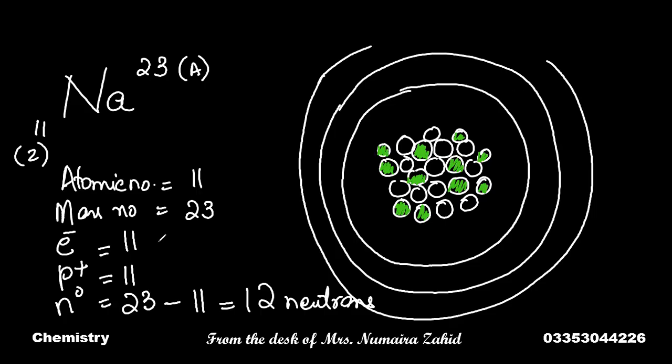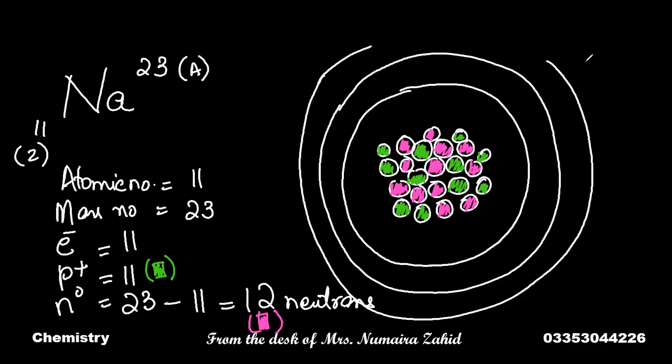These are protons, shaded green here. Now we have to find the number of neutrons: 1, 2, 3, up to 12. 12 neutrons. Neutrons are represented with pink.